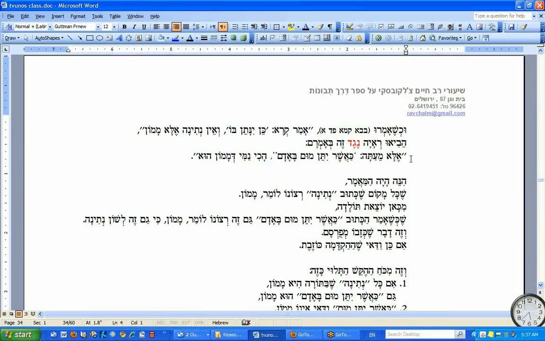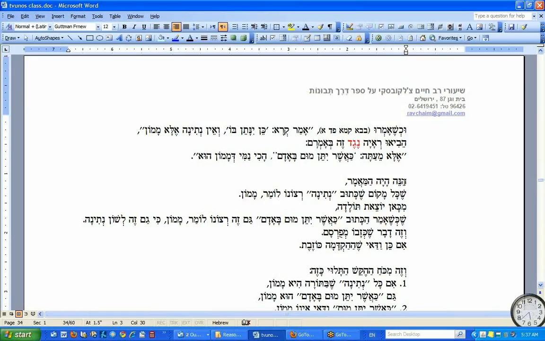The word nesina can't mean money because I just see the word nesina in the context of physical damage. "Ka'asher yitein mum ba'adam," so it can't be giving money. So we wanted to prove that the word nesina does not mean money because we see here clearly that it's in a pasuk that is talking about physical damage.